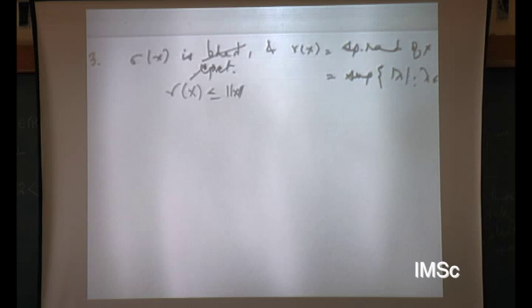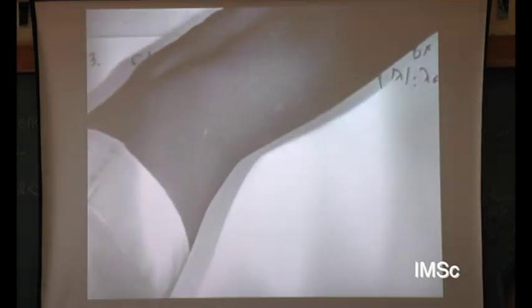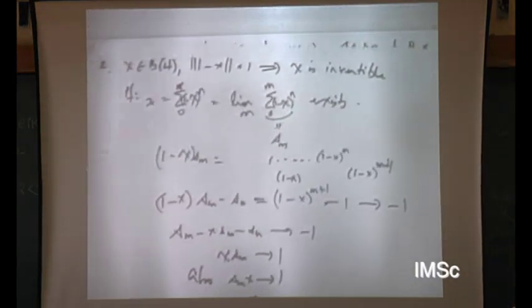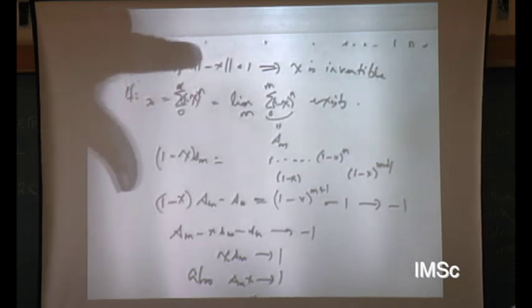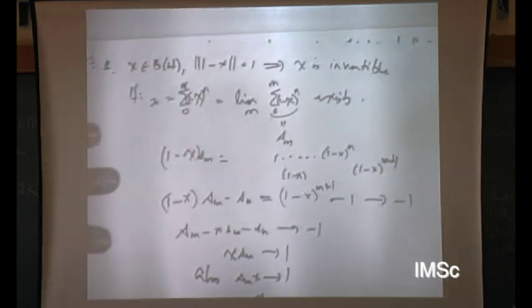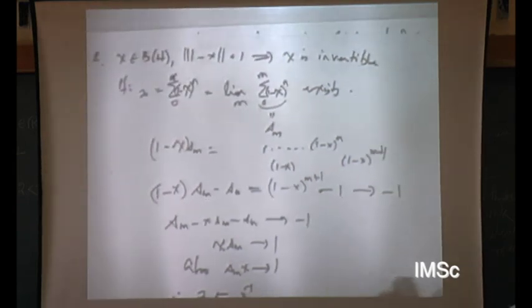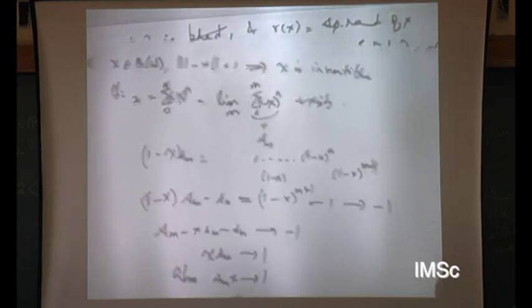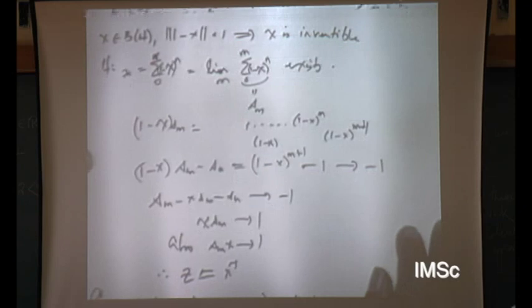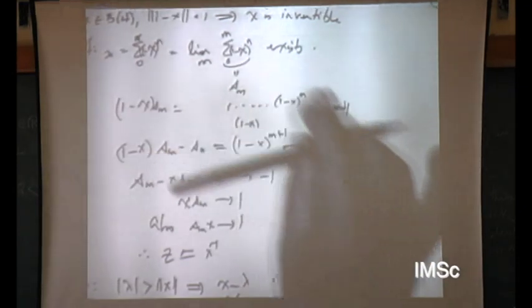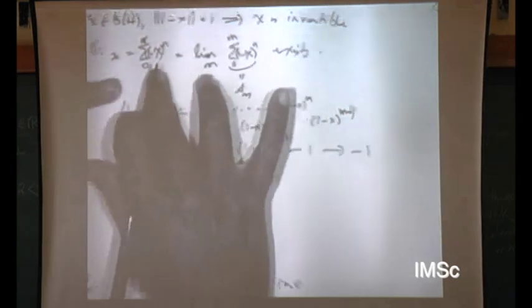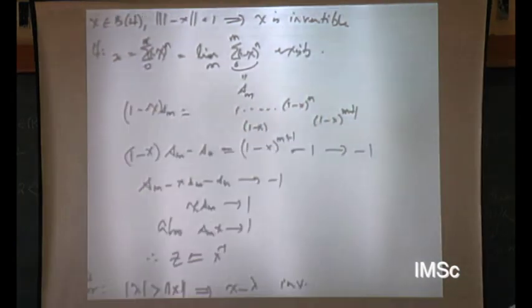I don't know how many of you have seen this. In fact, this Neumann series itself can be used to show that the inverse mapping is continuous. See, this says that if x is close to 1, x is invertible, and one can even see what the norm of x inverse is. x inverse was the sum of this series, 1 plus the power series in (1 minus x) to the n.